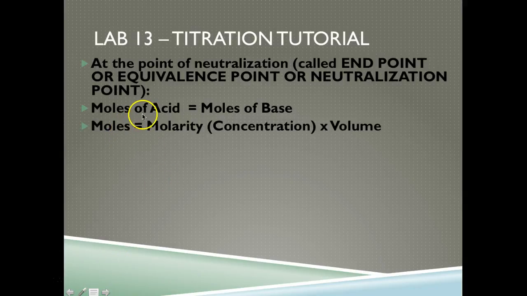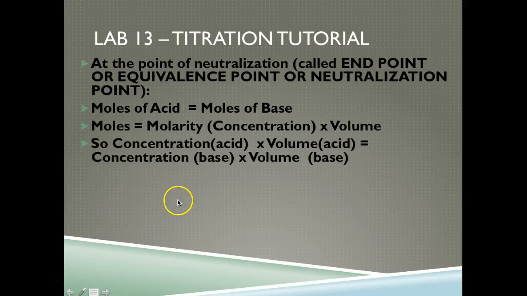So how are moles calculated? If you take the molarity of a substance and multiply it by its volume in liters, you will get moles. So you will take the concentration, which in this case is the molarity of the acid, times the volume of acid, so that essentially you're converting this to moles of acid.